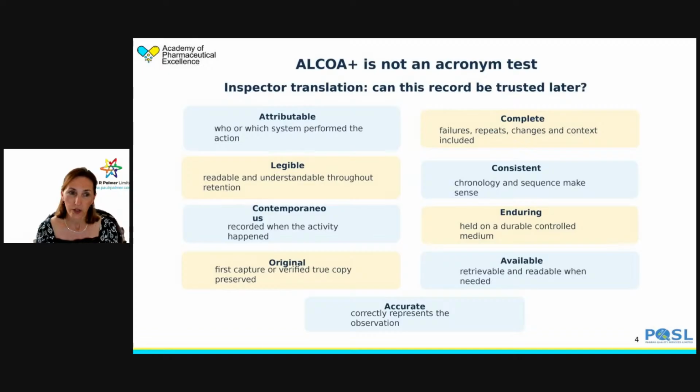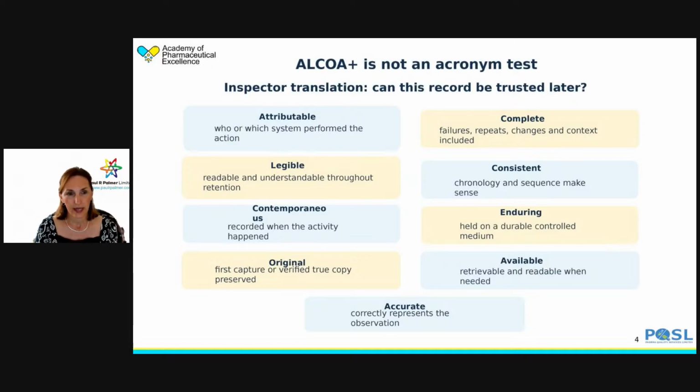Then we have original. Original means the first capture or a verified true copy that preserves the content and the meaning, and that is retained. Accurate means the record correctly represents the observation, including the calculations, the transcription, any processing, or any rounding.